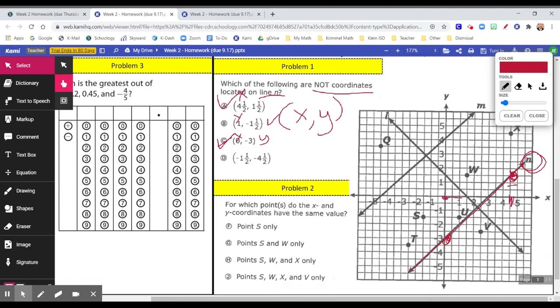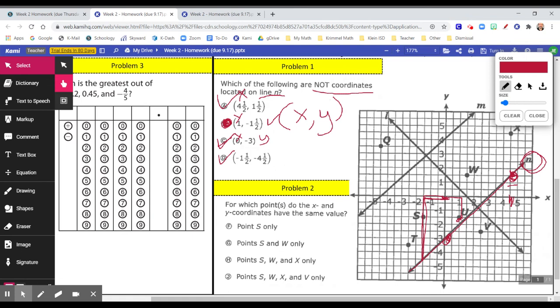So we go +1, -1.5, and that looks like it is off the line just a little bit. And -1.5, -4.5 checks out. So it looks like this one is not quite on the line. Point U is off the line.